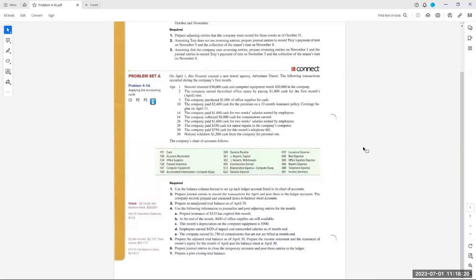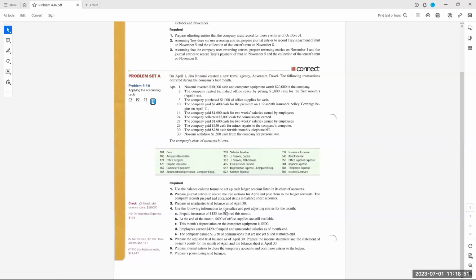And now in this problem, an all-in-one problem, and this will be fairly similar to the work you're going to have to do this next week, is complete the accounting cycle. The first part was to record the original journal entries of April 1st through 30th, then post them to the general ledger with these accounts set up, then prepare an unadjusted trial balance based on those original journal entries, and then prepare adjusting entries, which we'll talk about today.